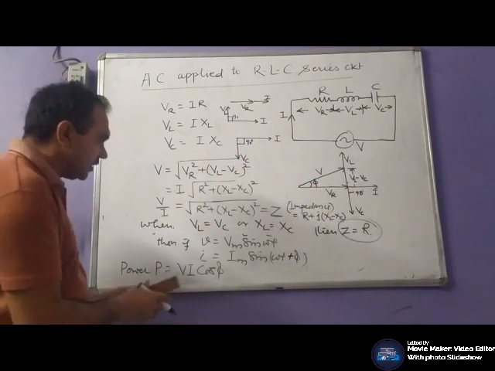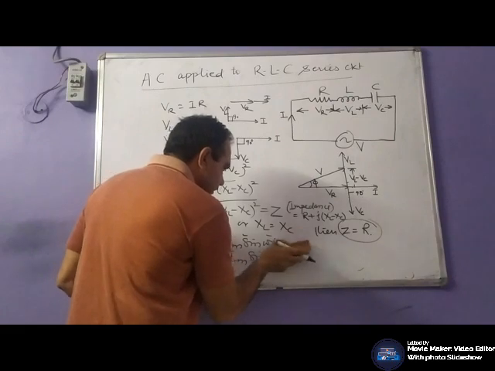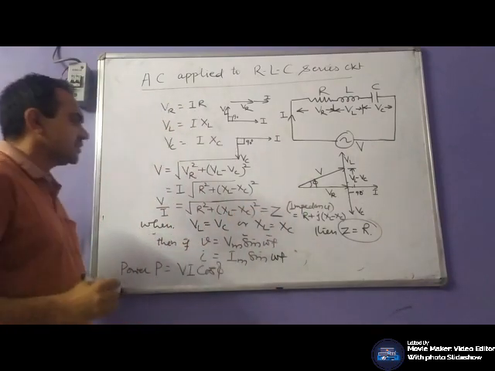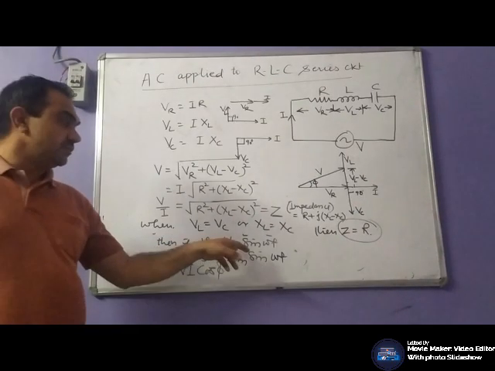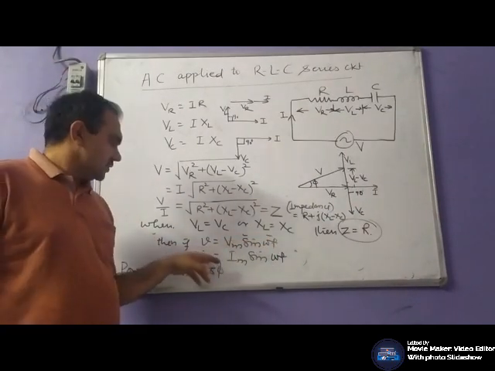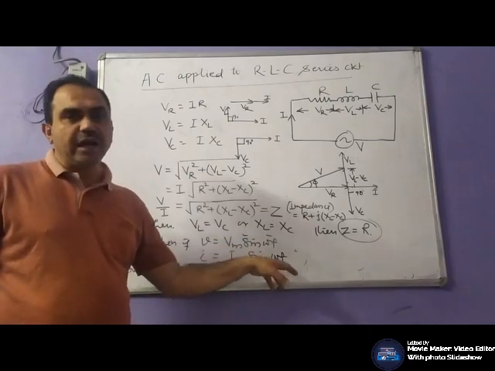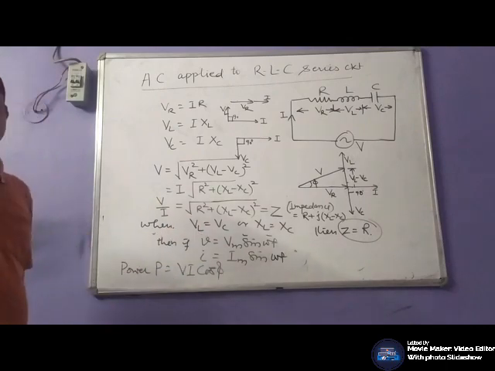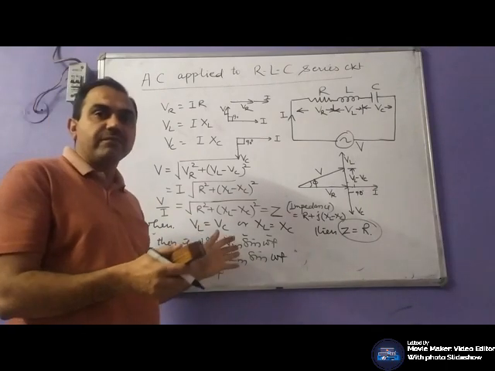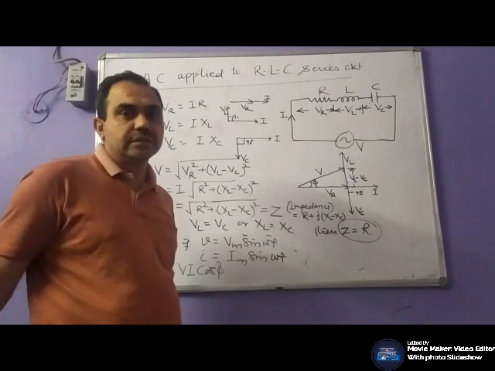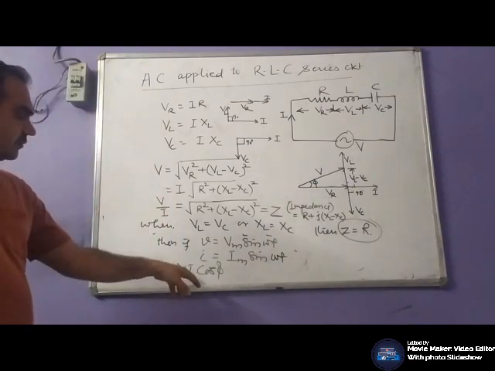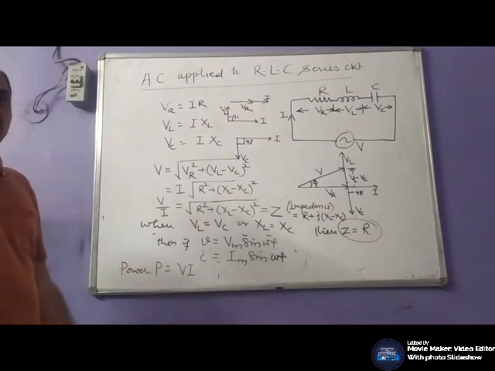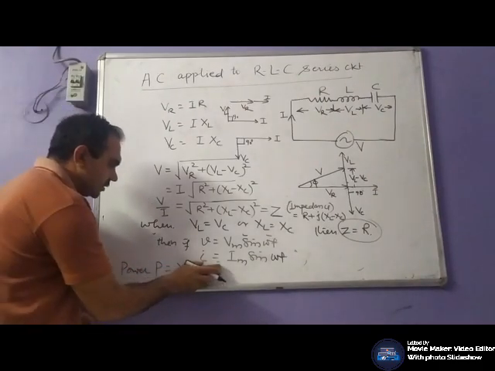And your power, if the applied voltage is Vm sin of omega t, I would be Im sin of omega t. So in that particular case, your current and voltage would be in same phase, and your power would be V into I.